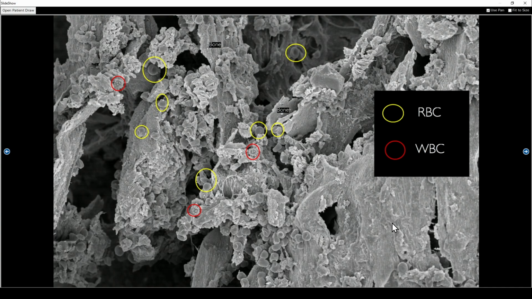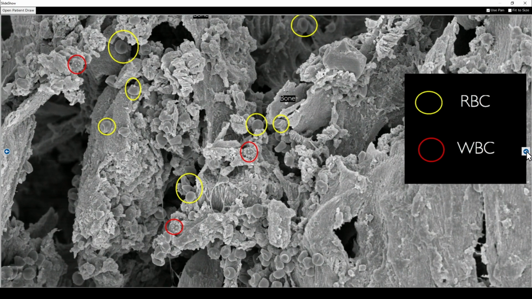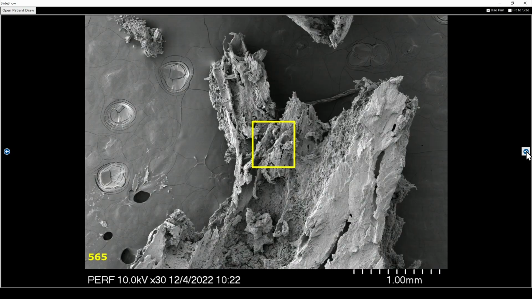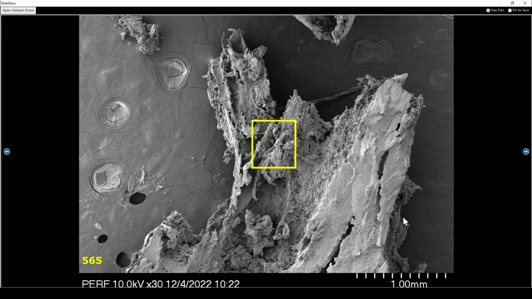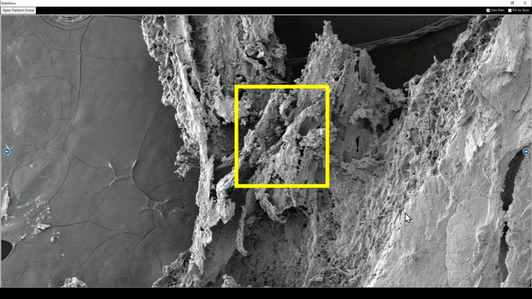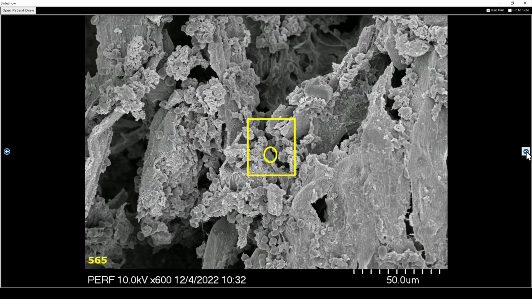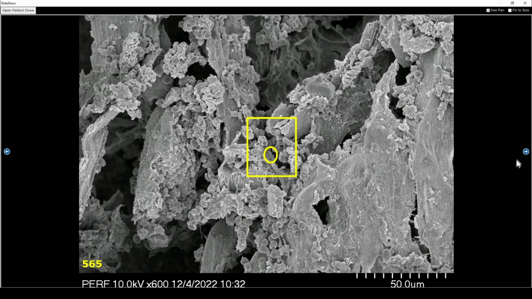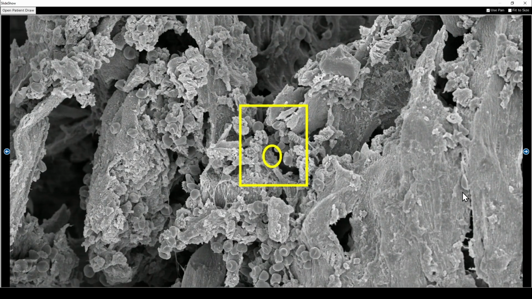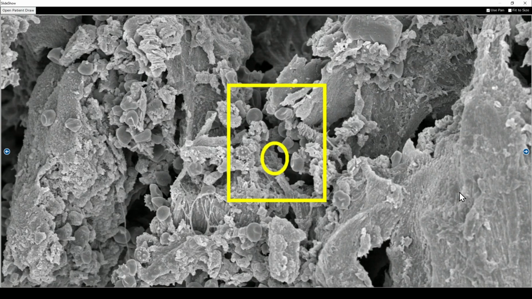And obviously you have a lot of red blood cells and white blood cells, and then a lot of tissue and fibrous connective tissue. And your job is to see, well, is there any biofilm here? And obviously we know that there is because this is infected bone, but actually localizing it and certifying it is a little difficult.